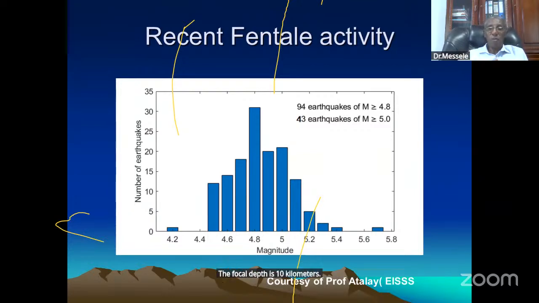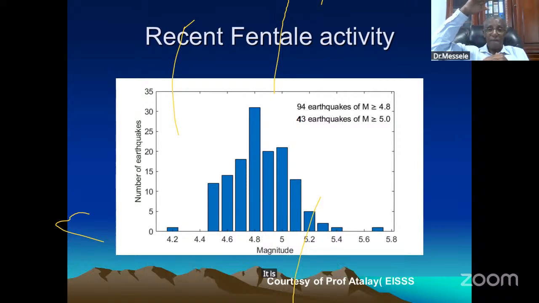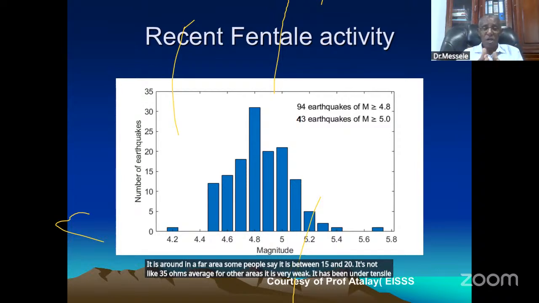This is caused, with the preliminary information we have, by the volcano, but not a volcanic eruption. The crust in Ethiopia, the lithosphere, is very thin. In the Afar area, some people say it is between 15 and 20, not like 35 on average for other areas. It is very weak. It has been under tensile stretching for many years, so it is a very weak formation.